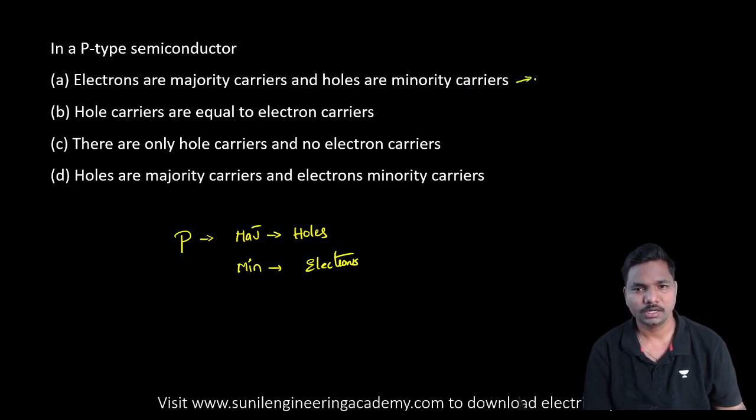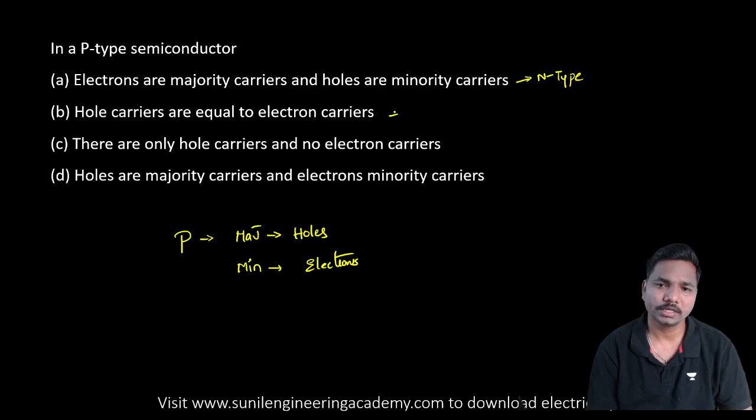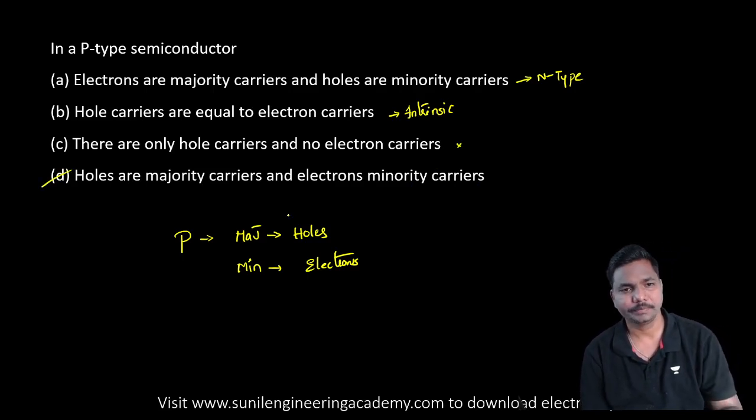No, it is for N type. Hole carriers are equal to electron carriers? No, it is for intrinsic, that is pure. Holes are majority, electrons are minority. Yes, correct. So the answer is option D.